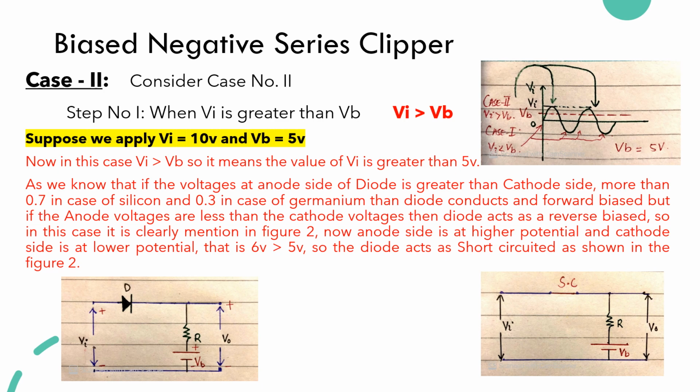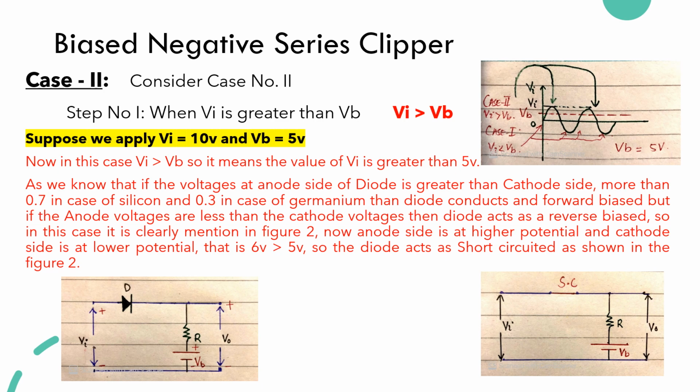But if the anode voltage is less than the cathode voltage, then the diode acts as reverse biased. So in this case, as clearly mentioned in figure number 2, the anode side is at higher potential and the cathode side is at lower potential.